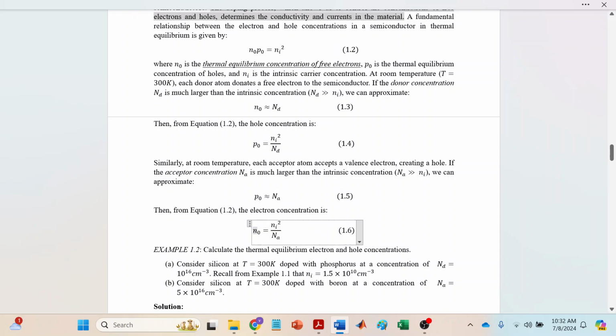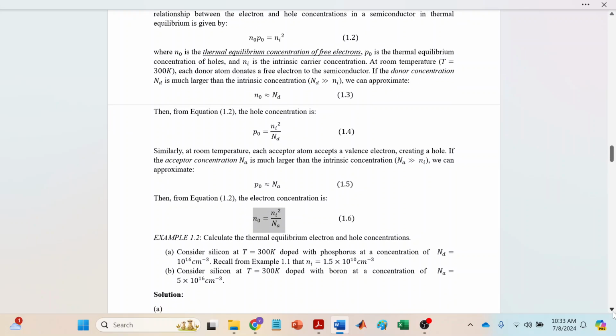So in place of P naught, we replace it with Na. Then we get the electron concentration.